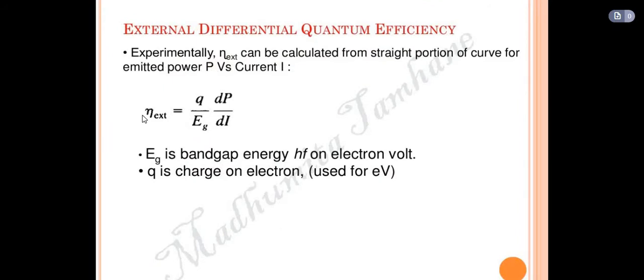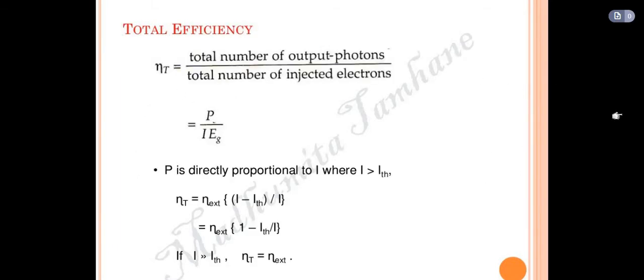This means the external differential quantum efficiency and the total efficiency will be equal, under the condition that the current is much greater than the threshold current, meaning the threshold current is very small compared with the given current. Then both are the same, and there is no difference under this condition.